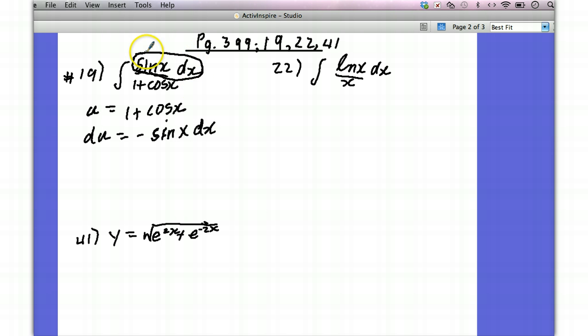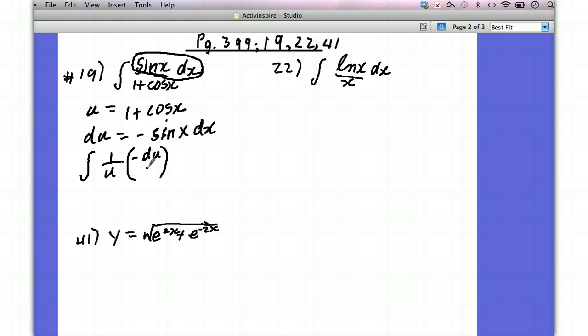I trust you're smiling because you say, oh, so sine x dx I can substitute over from x to u. Yes. So sine x dx is simply going to be equal to negative du. So as we substitute completely from x to u, we get 1 over, for 1 plus cosine x, I'm going to write u. And then for sine x dx, I'm simply going to write negative du.